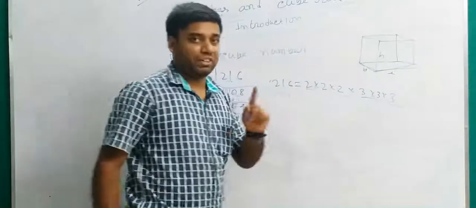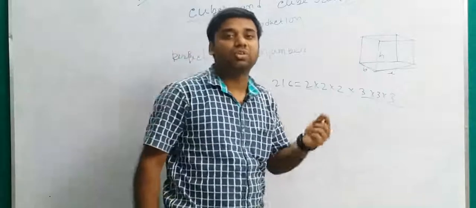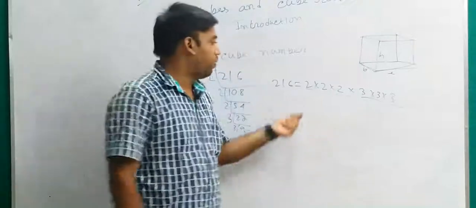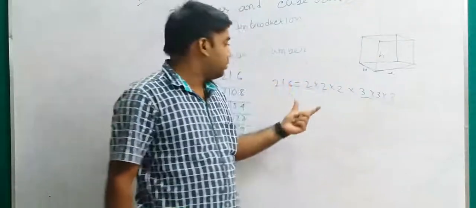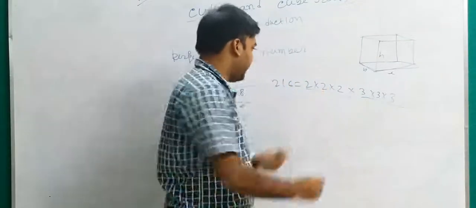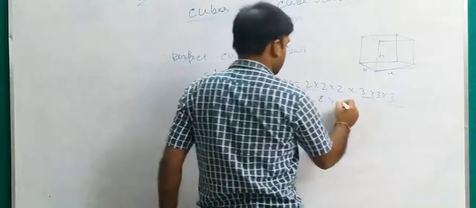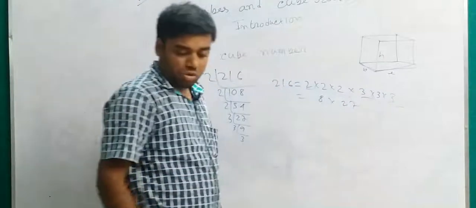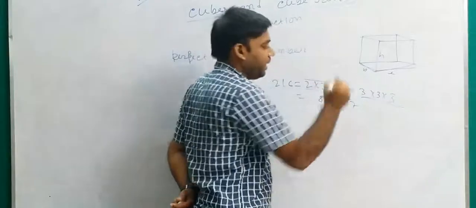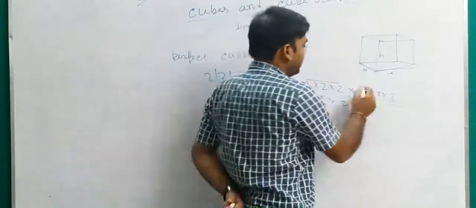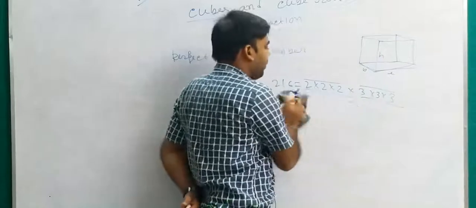As the factors 2 and 3 occur in triple form, that is 2 into 2 into 2, which is 8, and 3 into 3 into 3, which is 27, so 216 is a perfect cube number.